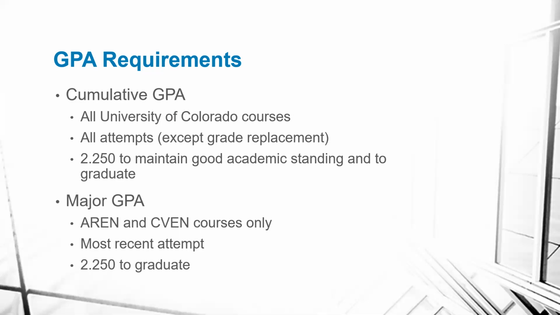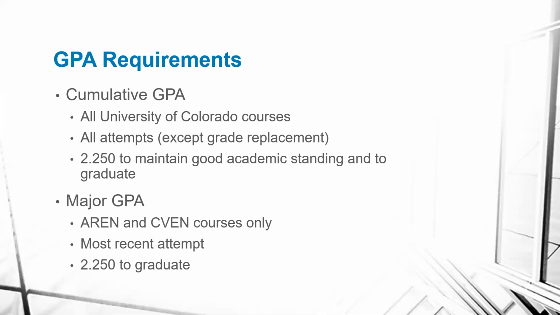Your cumulative GPA needs to stay at or above 2.250 at all times in order for you to stay in good academic standing. And it also needs to be at least a 2.250 for you to graduate. In addition, you also have a major GPA. Your major GPA is calculated with AREN and CVEN courses only.